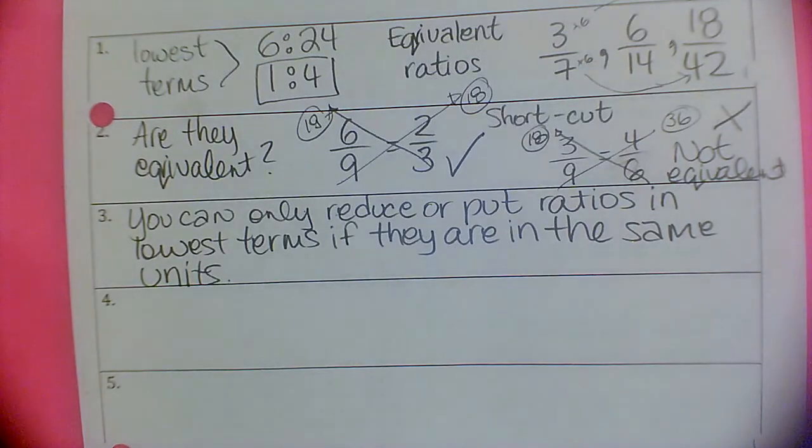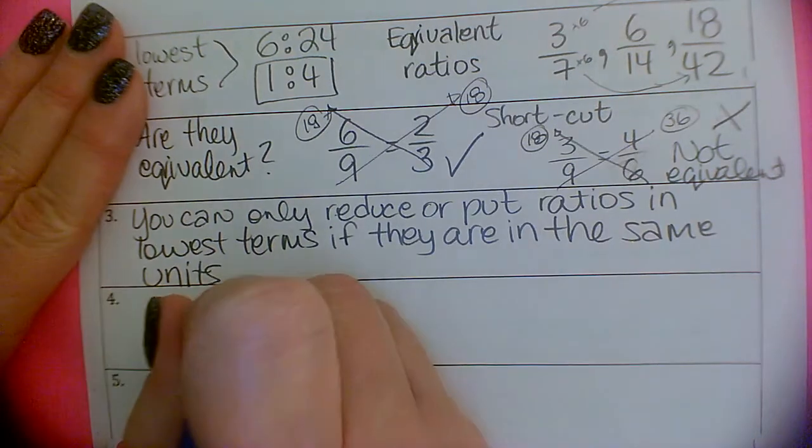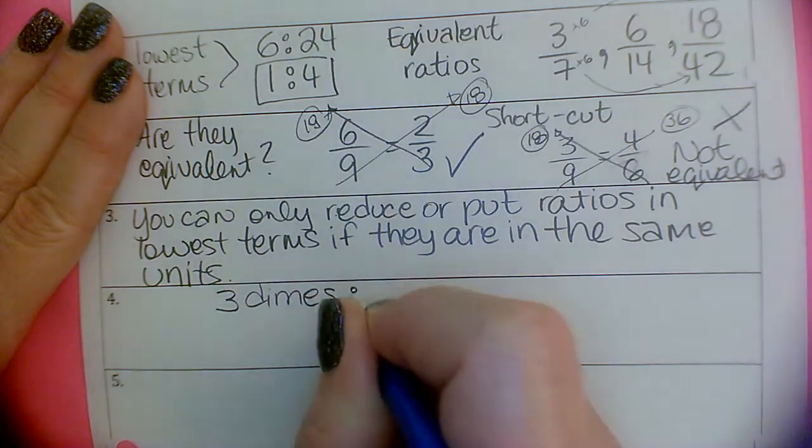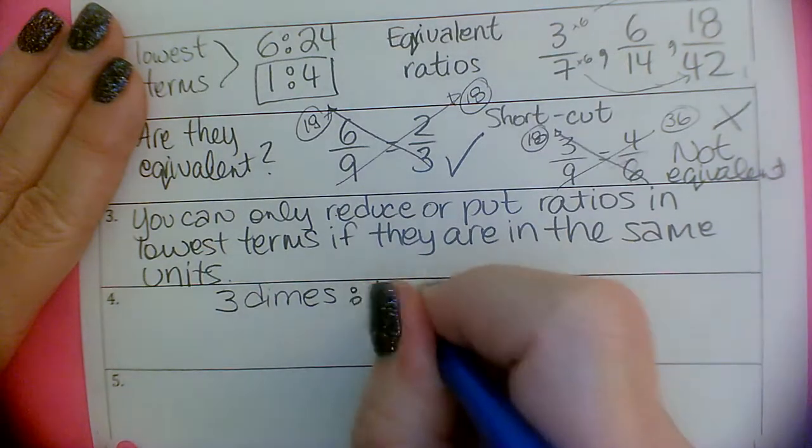Since ratios have to be the same units, we cannot reduce things that do not have the same units. And if they do not have the same units, then they better be writing the units on, like this: 3 dimes to 4 quarters.